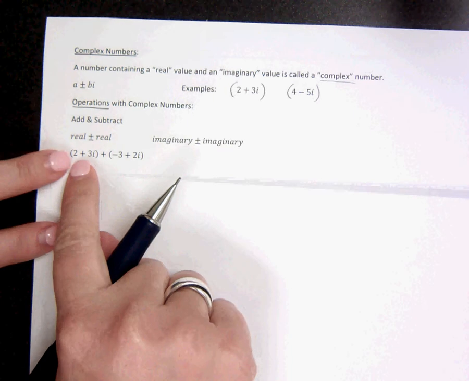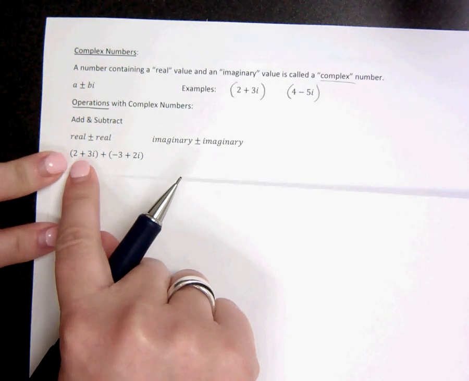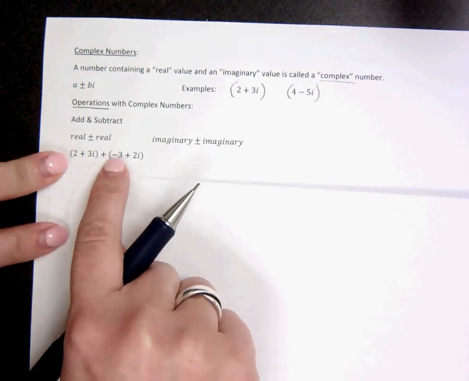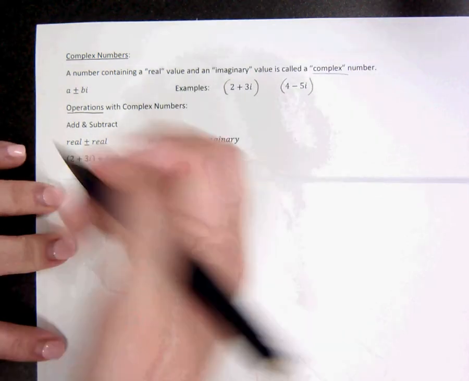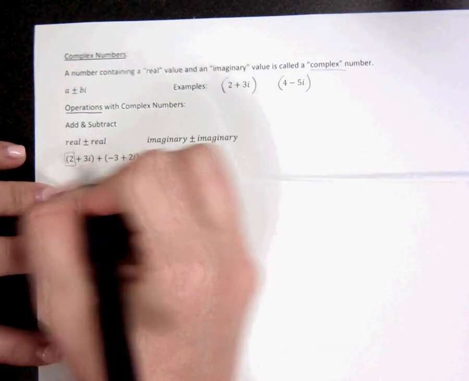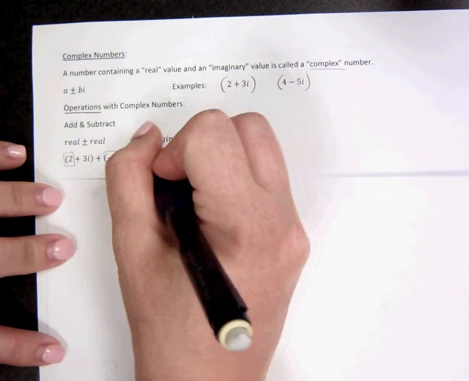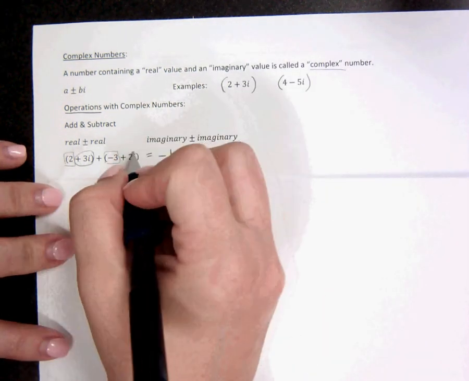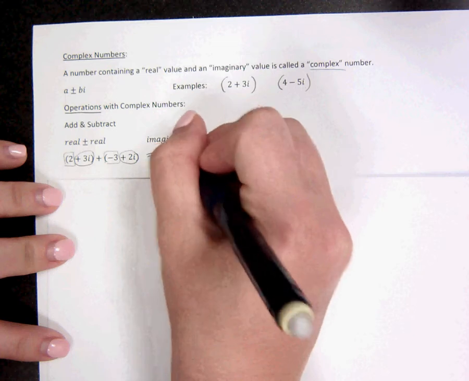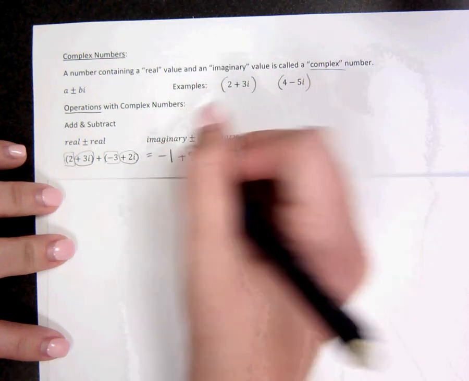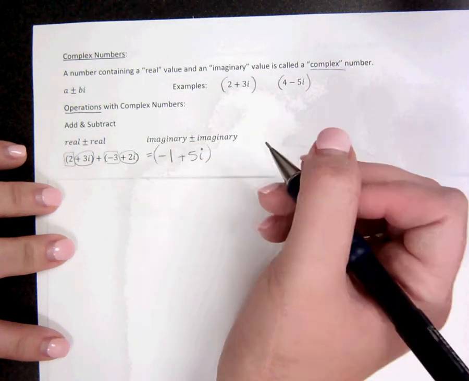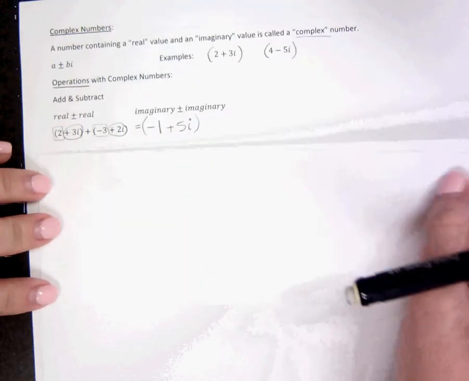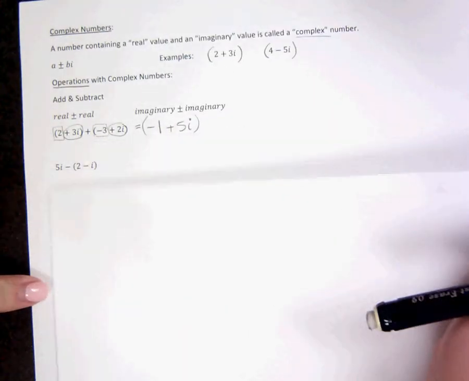So if I have 2 plus 3i, that's one complex number, added with negative 3 plus 2i, I put the 2 with the negative 3 to get negative 1, and I put the 3i with the 2i to get 5i, and together that's one complex number. Negative 1 plus 5i.